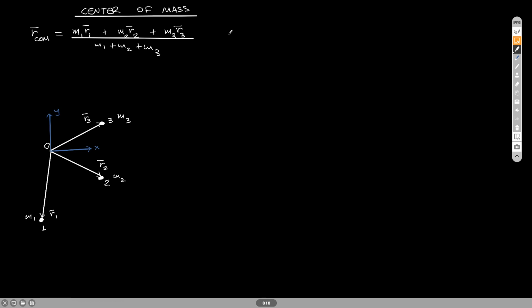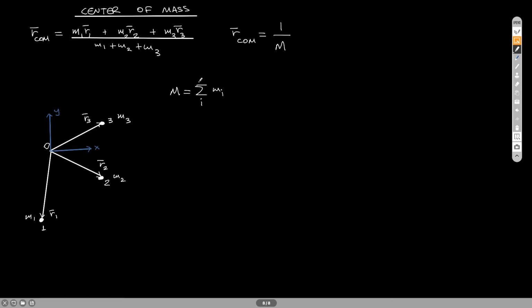Now, another way to write the same thing is to say this is simply 1 over uppercase M, and with uppercase M I will just say that this is the sum over i of its mass.